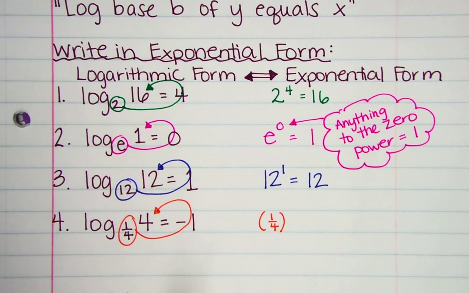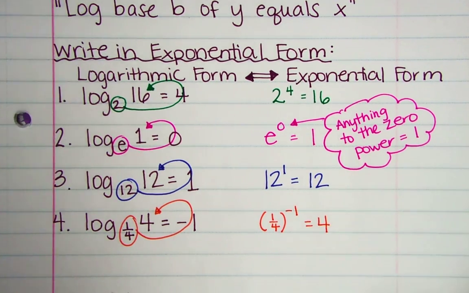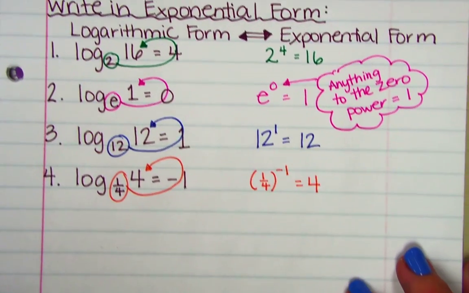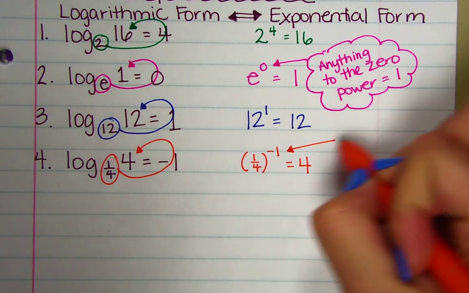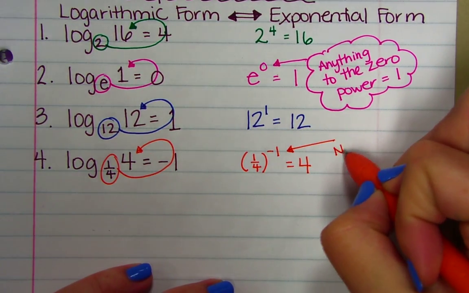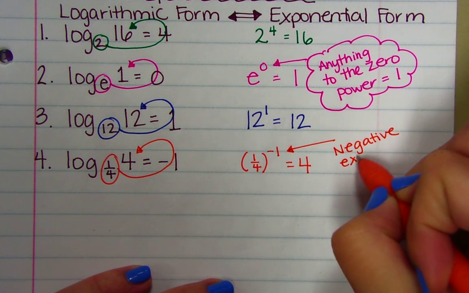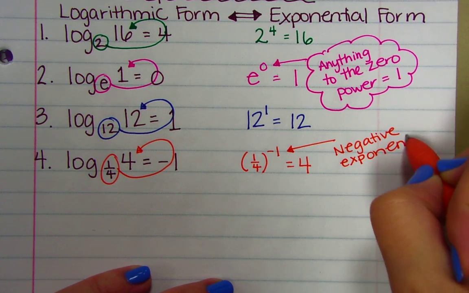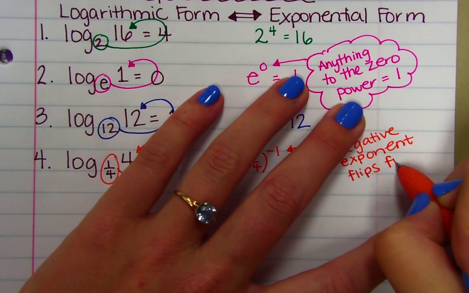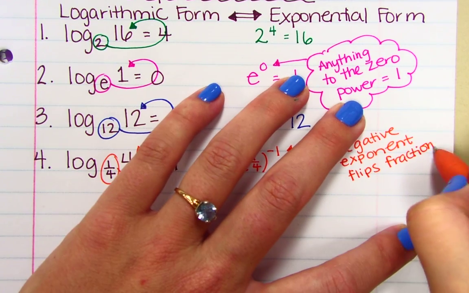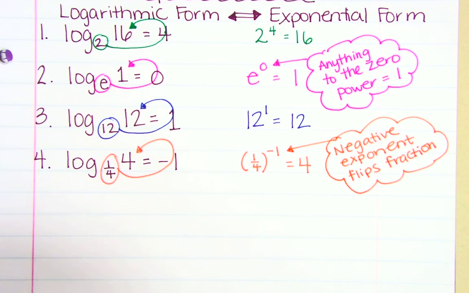And what's my exponent? -1 equals 4. Okay, now that is another special rule that we need to always remember. A negative exponent flips the fraction. We've talked about that before too. You're going to need that several times on this one.